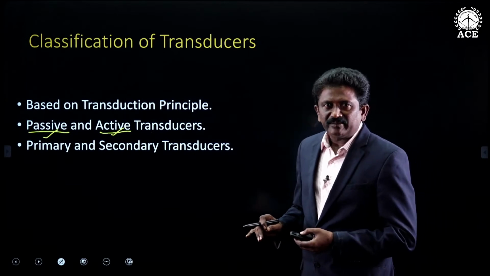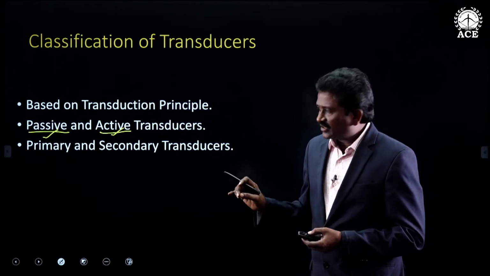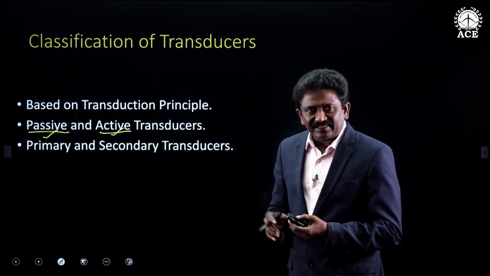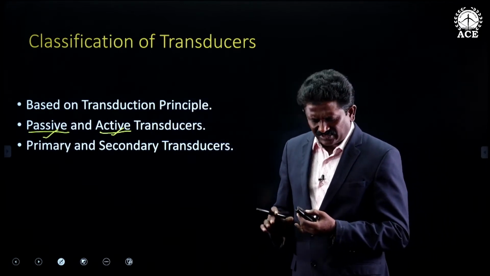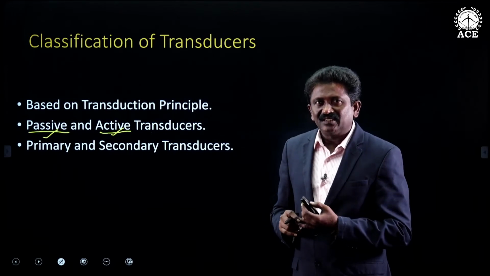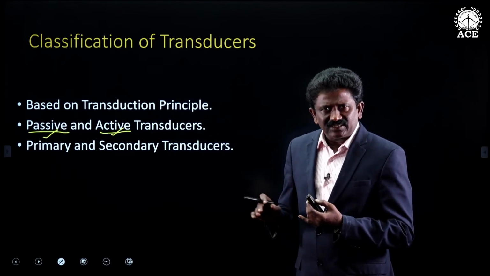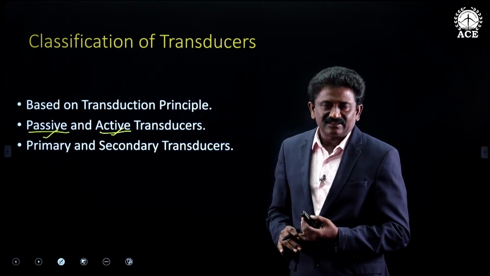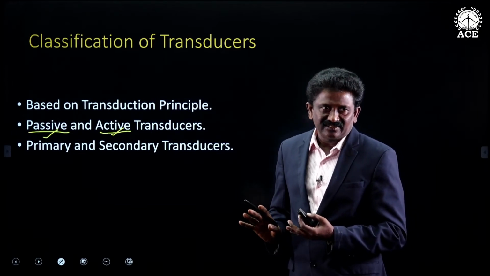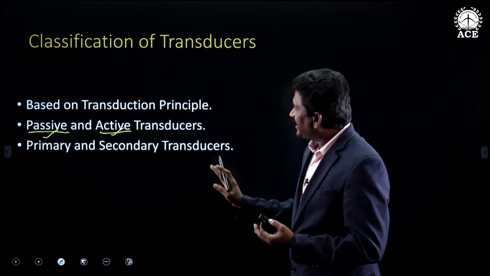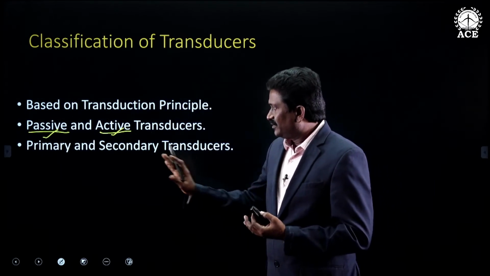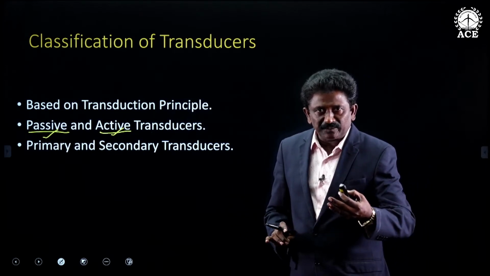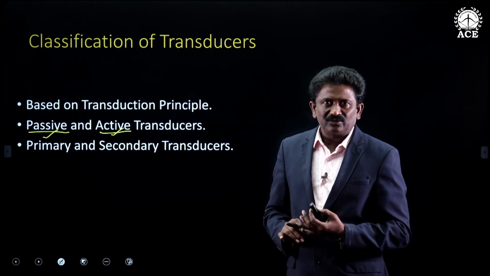So actually here primary and secondary are like some transfer function. That means transformer function. Transformer function means any transformer having two windings, primary winding and secondary winding. So actually here primary transducer will give some output with the help of some input.